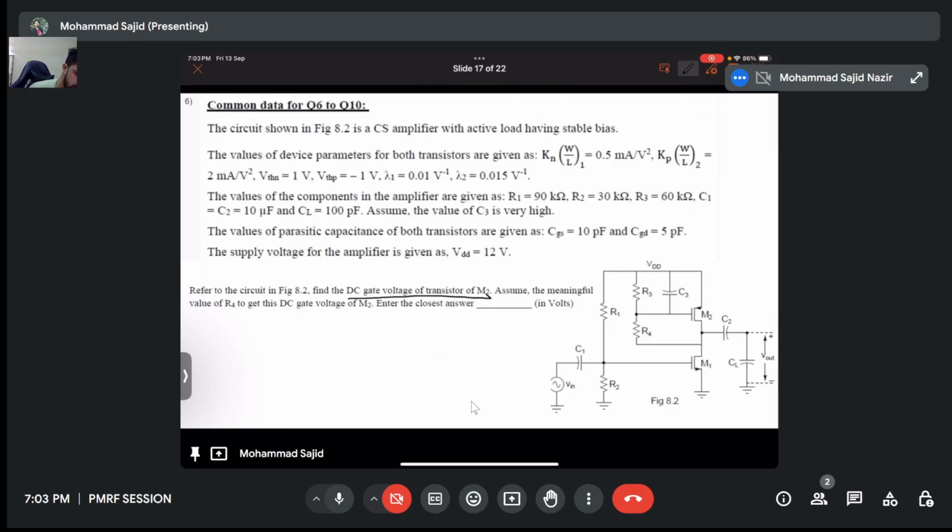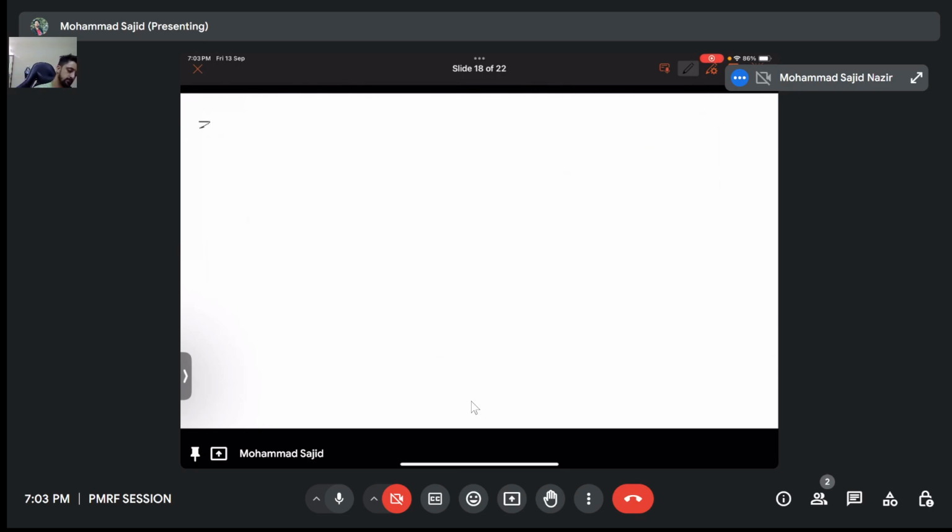So the concept here is that in a cascoded system the same current flows. So IM1 will be equivalent to IM2. And what will be the gate voltage for the M1 transistor? That's called VG1.